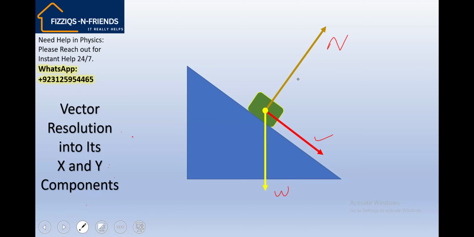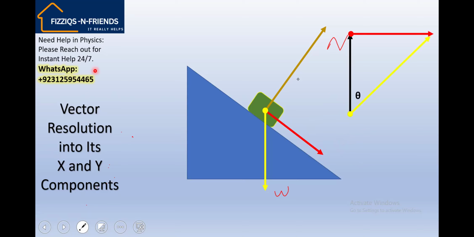Now, what is the point? How did I know what this is? Is it N cos theta, N sine theta, W cos theta, W sine theta, or something new? So how would I know? For that, I will go back to the concept that we have just learned, which was this.